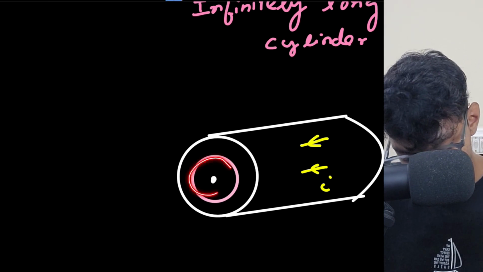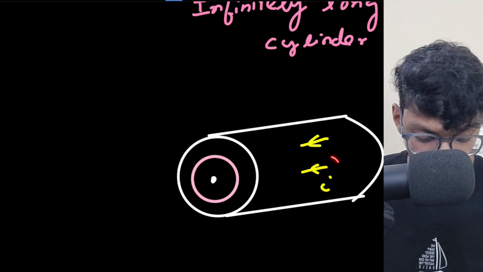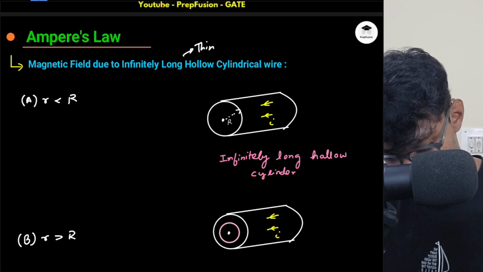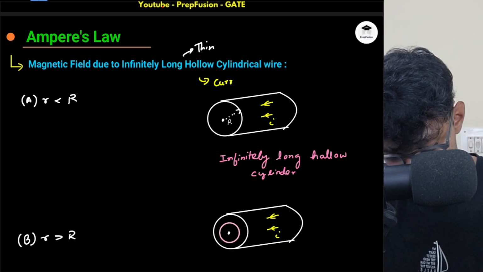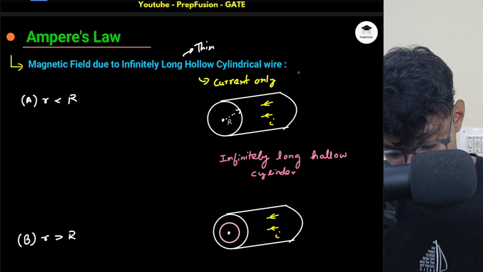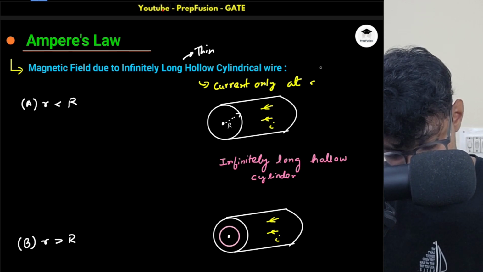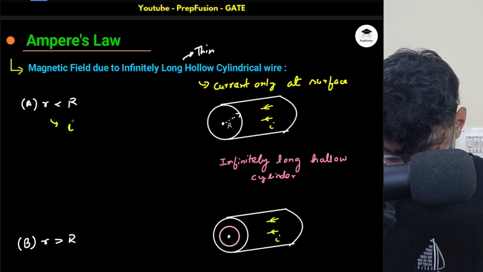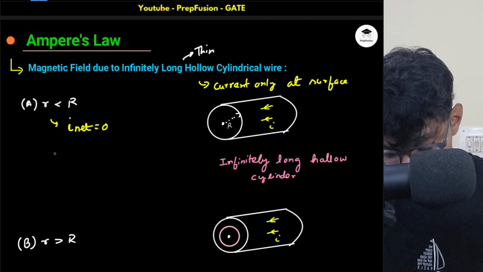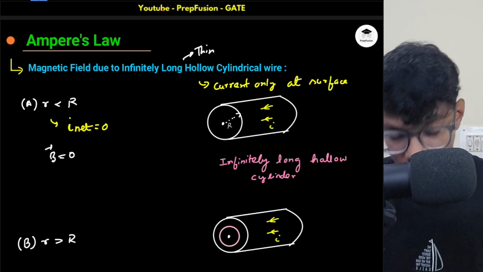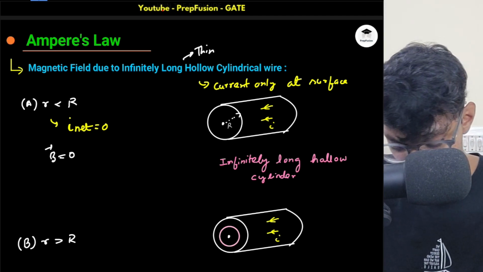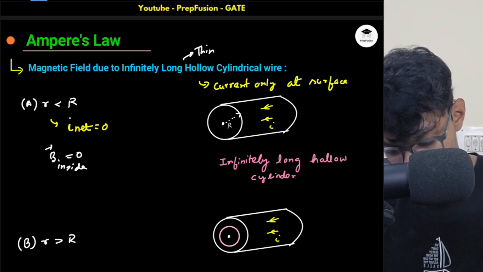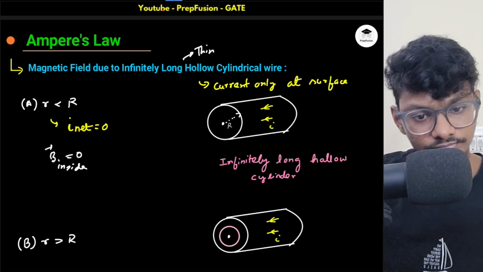But what is the I enclosed? It is a hollow cylinder, right? The current is only on the surface. As it is hollow, the current is only at the surface. So obviously for this case my I net will be simply 0. Hence the magnetic field will also be simply 0. B inside will be simply 0 because there is no current inside. As there is no current inside, the magnetic field also will be simply 0.